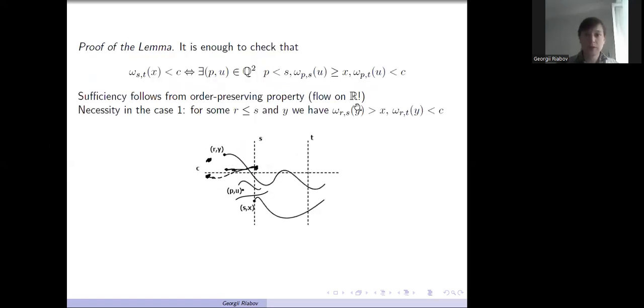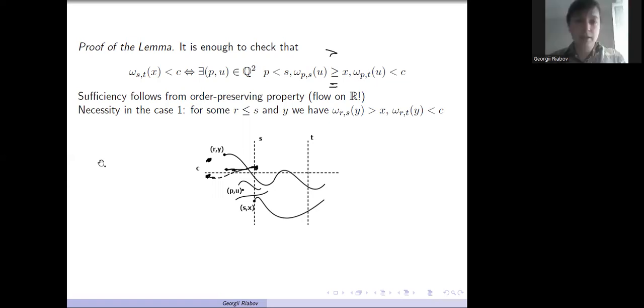So in case 1, we proved that this condition holds with a strict inequality, and in case 2, we proved that the condition holds with equality.